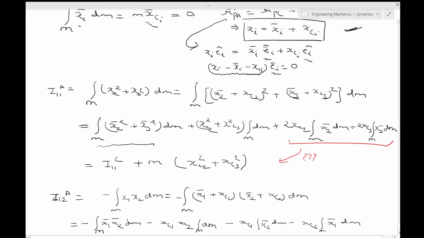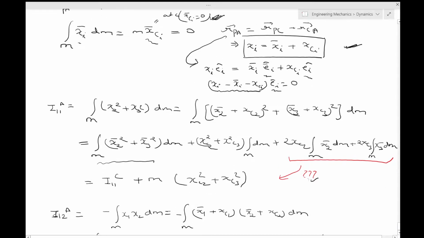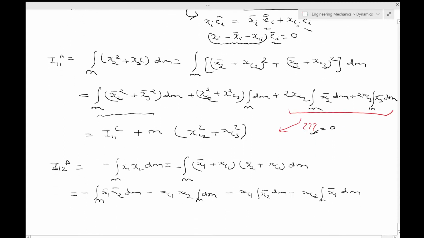Okay, so I think the answer for this one is clearly over here. So this term is actually equal to 0, and similarly this and this will also be equal to 0. So you would have I12C minus m xc1 xc2.